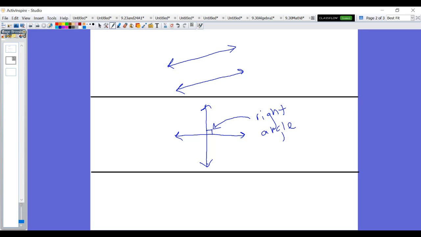And then this last one, lines that are parallel, perpendicular, or neither. There's a wide variety of things that you can write there. So for example, you can draw a picture of a horizontal line. Let's draw our axis first. So that's my x and y axis.